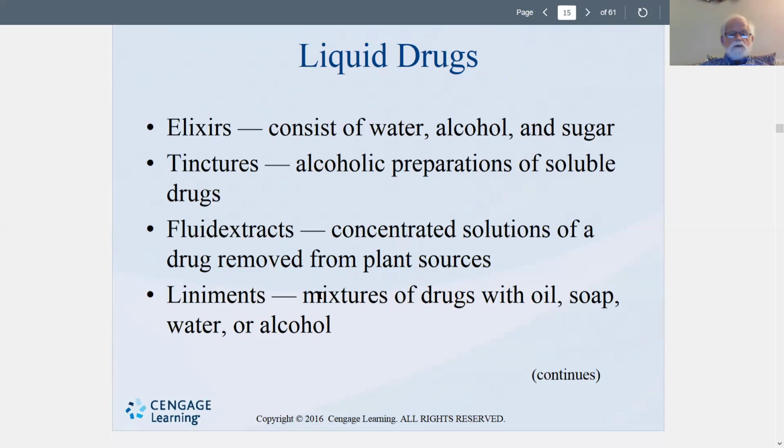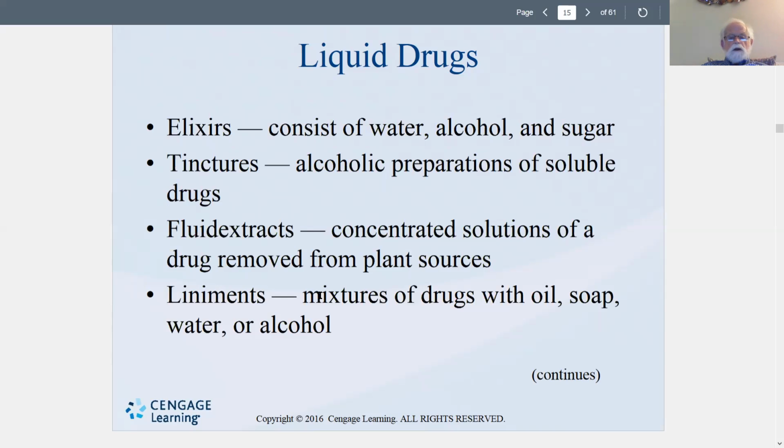What we call fluid extracts are concentrated sections of drugs extracted from plant sources. The process for doing that is often a beginning process for coming down to a powder like digoxin. Liniments are mixtures of drugs with oil, soap, water, or alcohol.